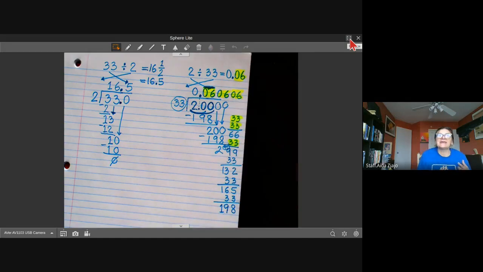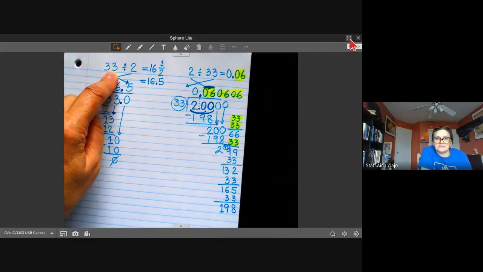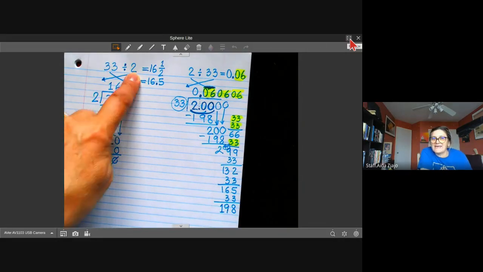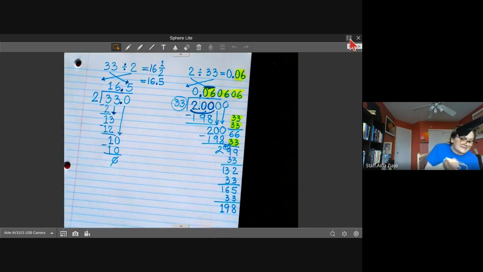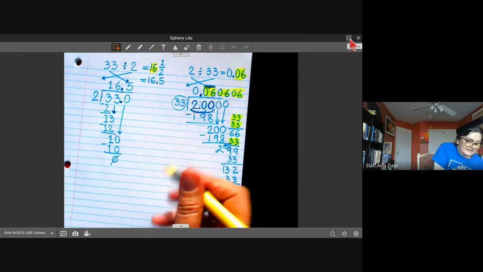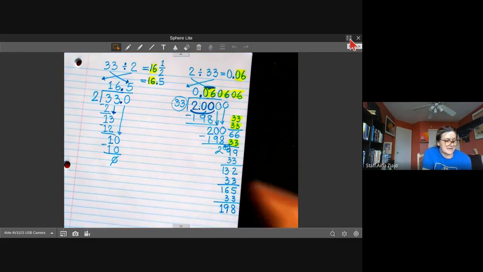So do you see, it's so simple. If you have a bigger number, like $33, and you share it with Alex and Kevin, just 2 people, each person, Alex is going to get $16.50, and then Kevin is also going to get $16.50.